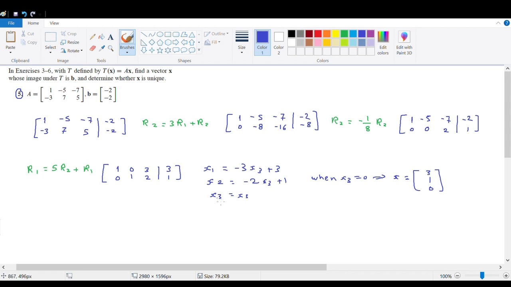Since x3 is a free variable, x is not unique, because we can choose x3 to be any value. This is when x3 is equal to 0. If x3 is equal to 1, we have another vector x. If x3 is equal to another value, we have another vector x. So x is not unique since x3 is a free variable.